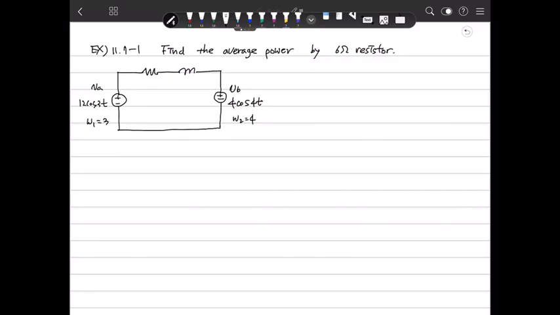So in this case, you need to divide the circuit with superposition. Why? Because the frequency is different. The first circuit has one source, 12 cosine 3t, a resistor and inductor, and the other source is a short circuit.